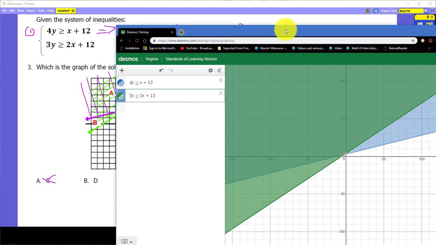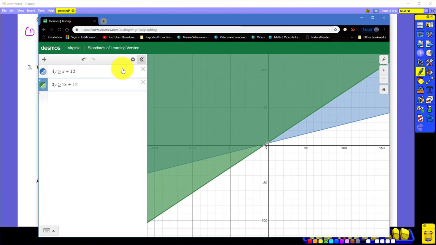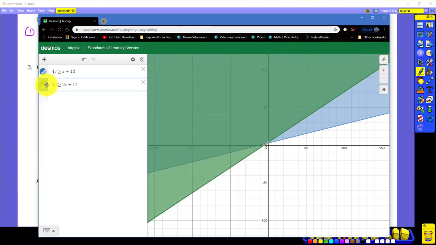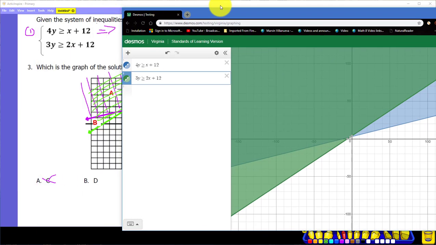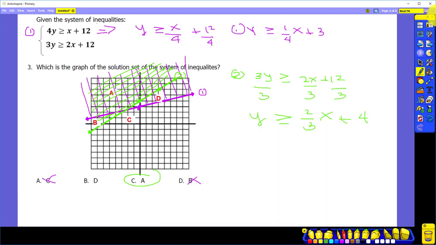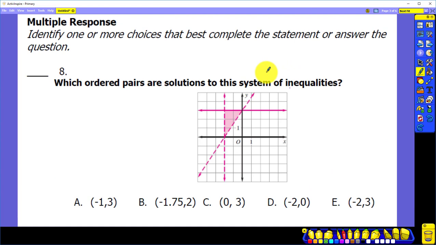Alright, so if we are going to toggle this one, we'll see that the intersection or the overlapping area is indeed over here, okay, which is represented by region A. Okay, that's our question number 3.